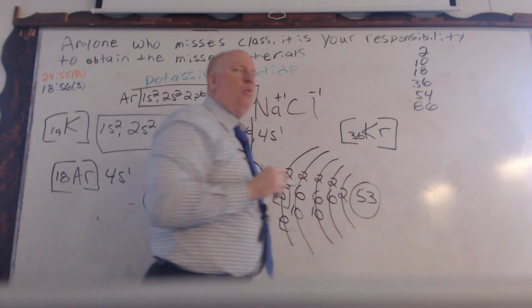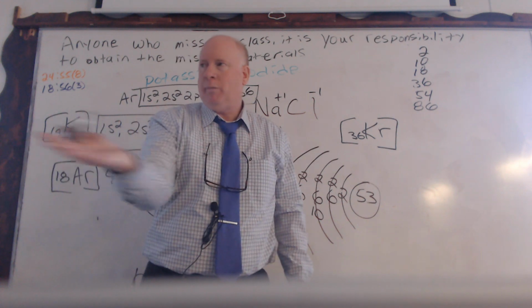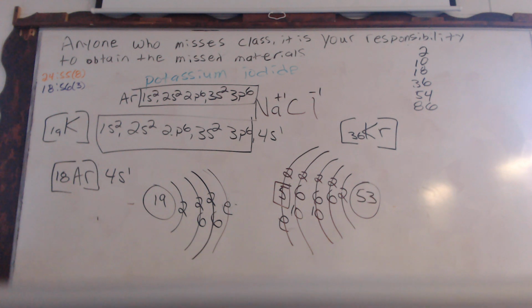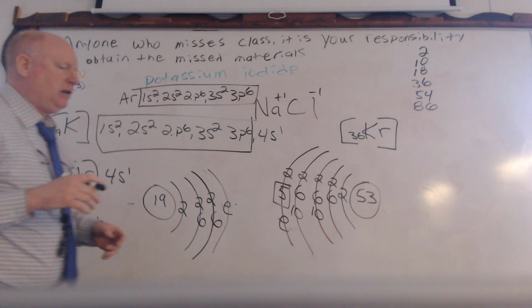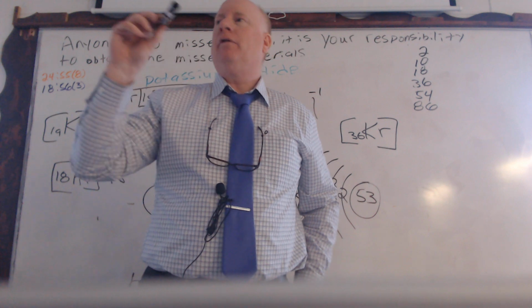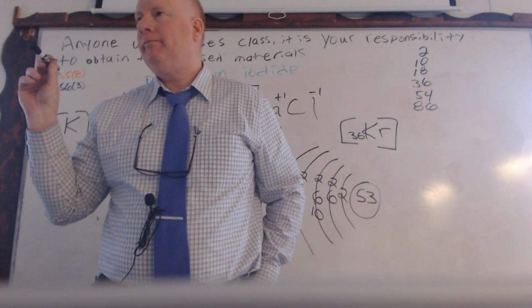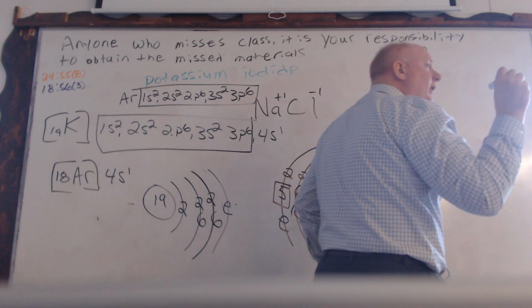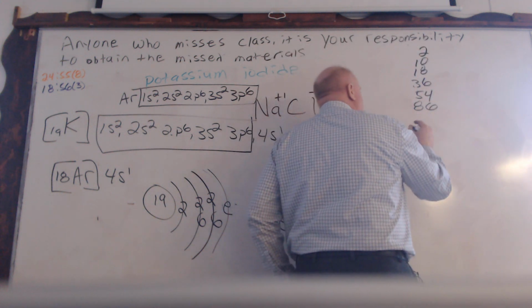What period, remember horizontal lines, is krypton in? The fourth period. So now that we've established that, look at your slide rule. The fourth period and the P block are completely full. What comes after 4p6, according to your slide rule? 5s2.